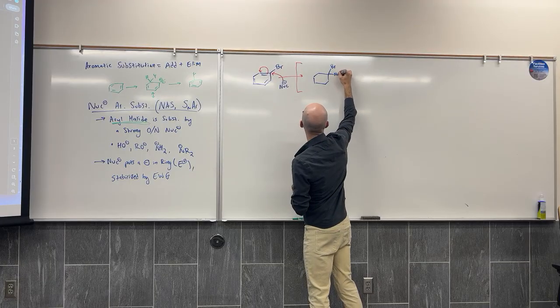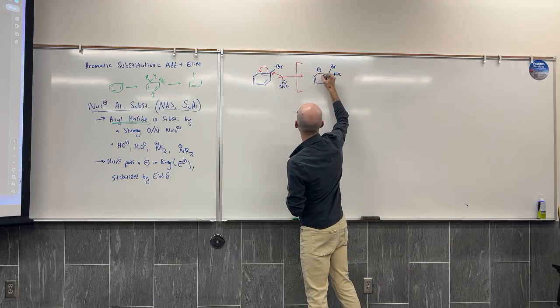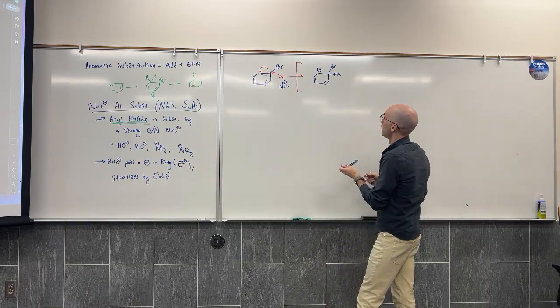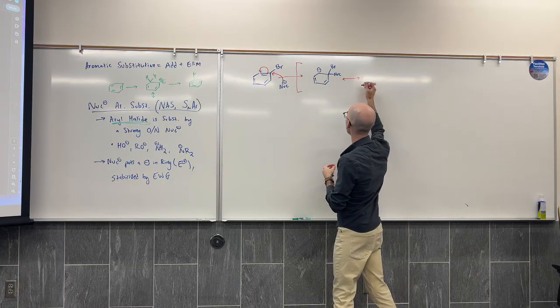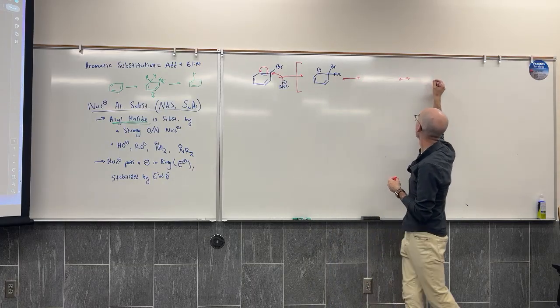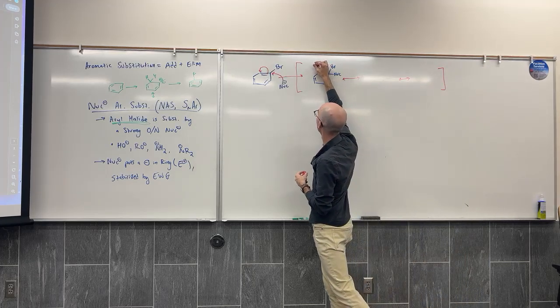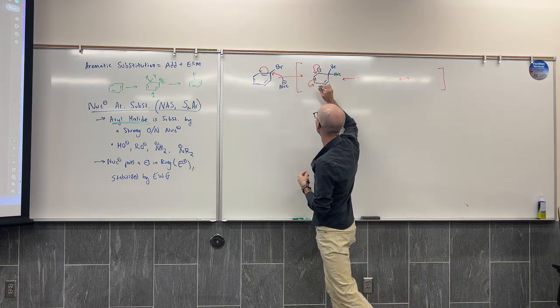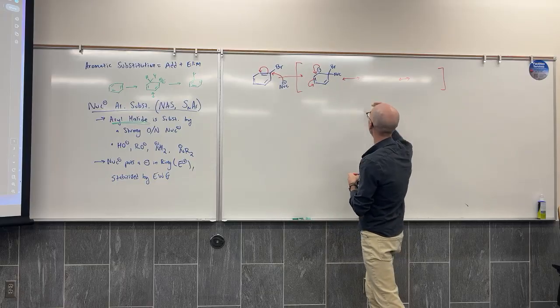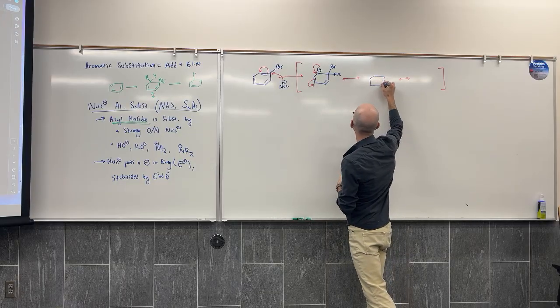And this is what you guys are going to be drawing arrows on. The sigma complex, as you can see, pushes that negative charge through the aromatic ring. So add your arrows to make those charges move across the aromatic ring as needed.